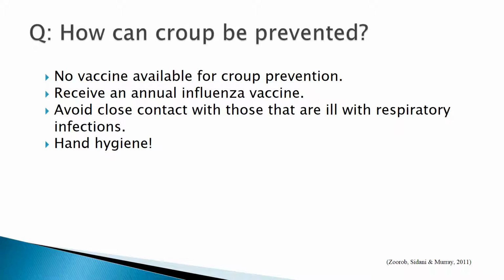And how can croup be prevented? You have a parent coming into the office afraid of their child getting croup. Unfortunately, there's no vaccine available for croup, but you can receive an annual influenza vaccine, as influenza A and B can cause croup also. Of course, avoid close contact with those that are ill, and hand hygiene, nursing 101.